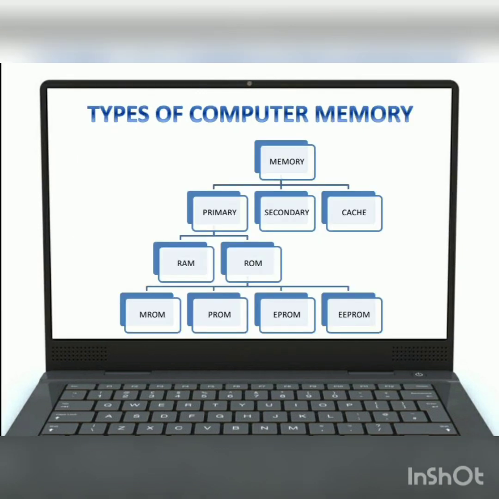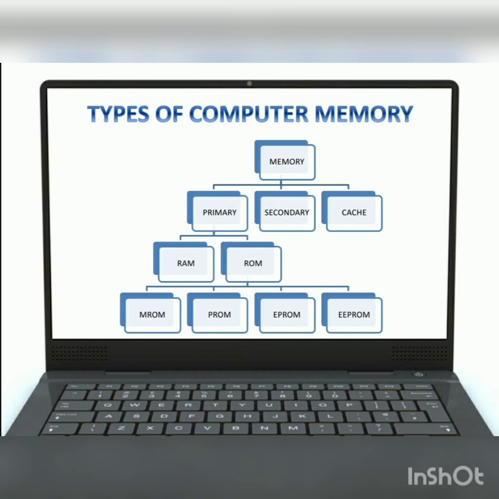Now, moving forward towards the various types of computer memory. You are able to see a pictorial diagram of computer memory. You can draw it in your computer fair notebook so that it will help you remember. So, let's get started. How many types of memory are you able to see? 3.